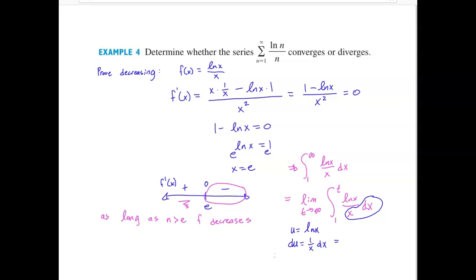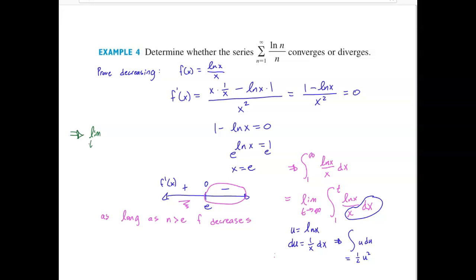So our integral becomes just the integral of u du, which is 1/2 u squared. Oh, I ran out of space. Going over here, folks. Which is, replacing the u with ln x, I basically get 1/2. Nope, let me put my limit in there.